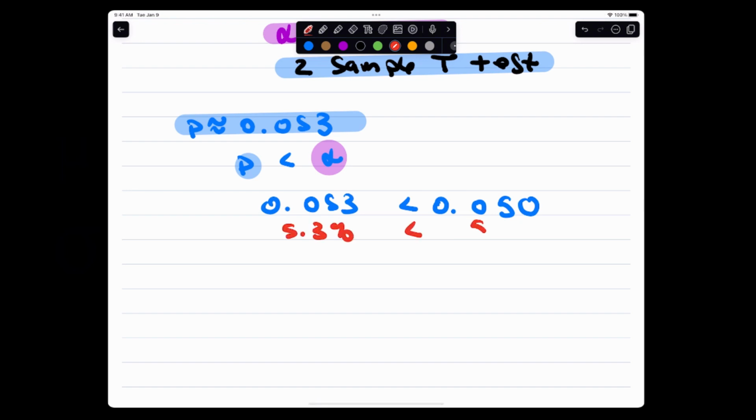Is that less than 5%? What'd you guys say? Is that true? Hope you guys know the difference. Say no. Is that a no? I mean an N-O no, not N-U-L-L no. 5.3% is not smaller than 5%.